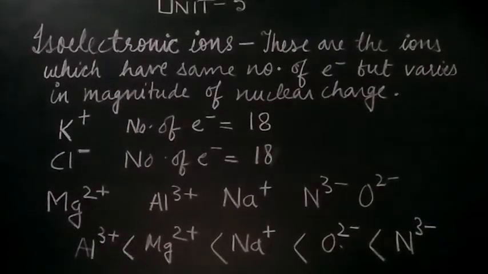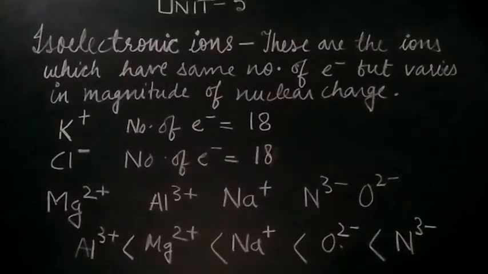As the nuclear charge increases, the attractive force between the electron and the nucleus will also increase. So this will result in the decrease of the ionic radius. In other words, the size of the isoelectronic ions decreases with increase in the magnitude of the nuclear charge.